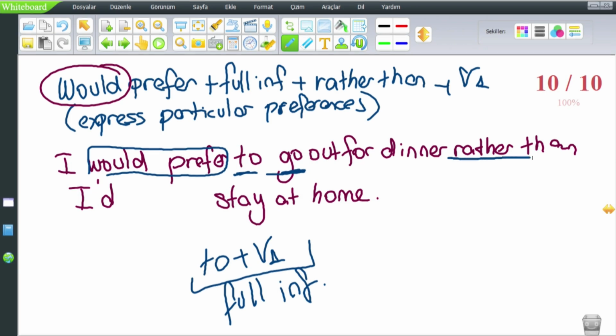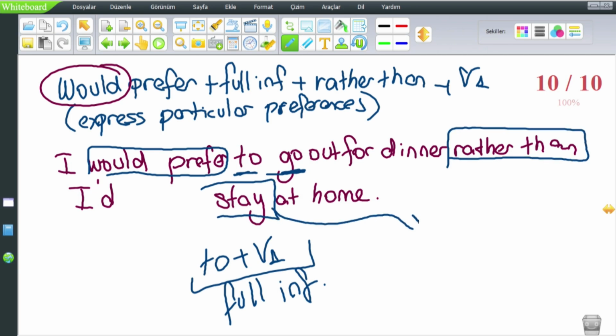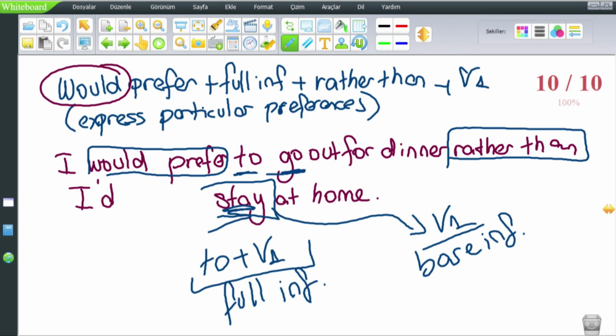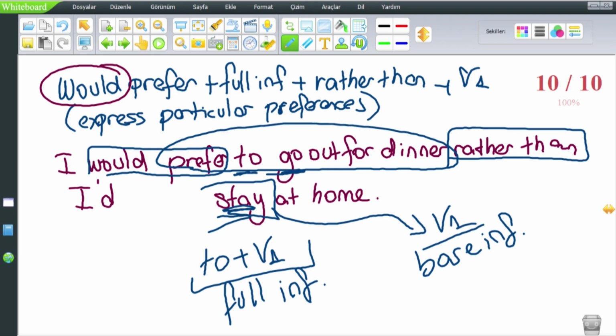After rather than, I can see a verb 1, the bare infinitive. So it tells me that I'm not comparing nouns or objects, rather I am choosing between actions. And the choice that I made is to go out for dinner.